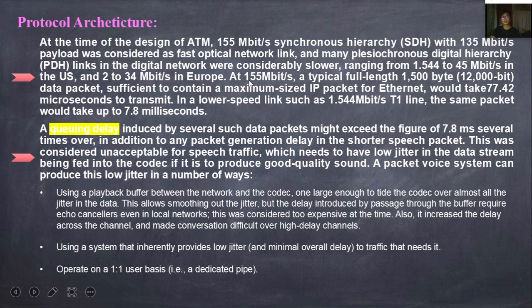At 155 Mbit per second, a typical full length 1500 byte or 12,000 bit data packet, sufficient to contain a maximum size IP packet for the Internet, would take 77.42 microseconds to transmit. On a lower speed link such as 1.544 Mbit per second or a T1 line, the same packet would take up to 7.8 milliseconds, which is much slower.